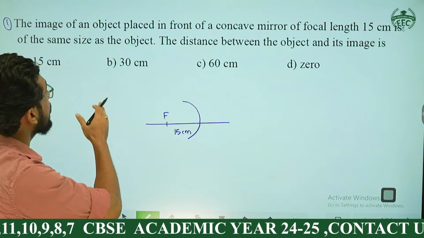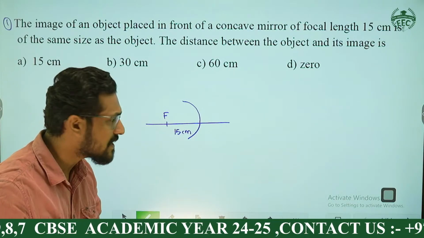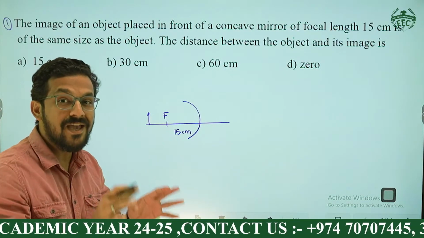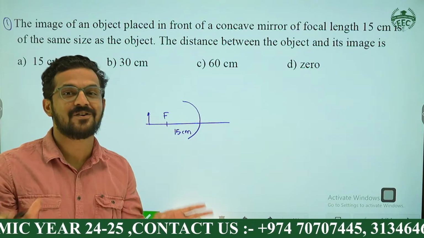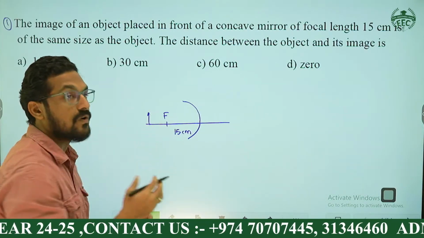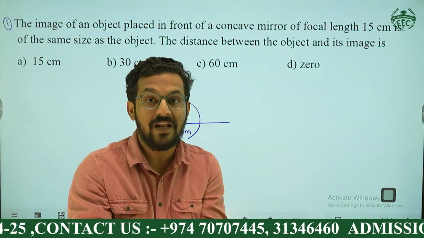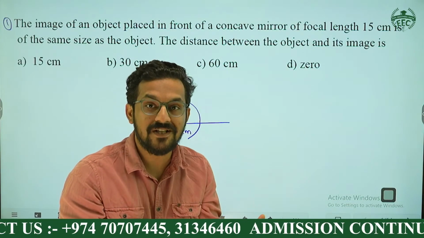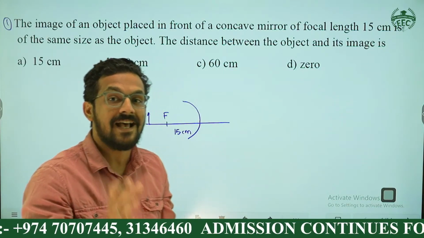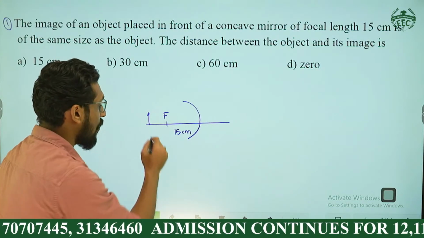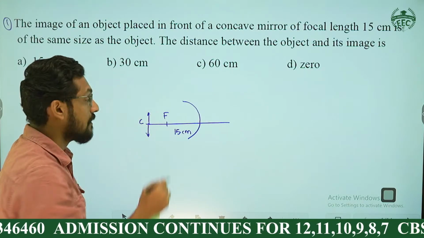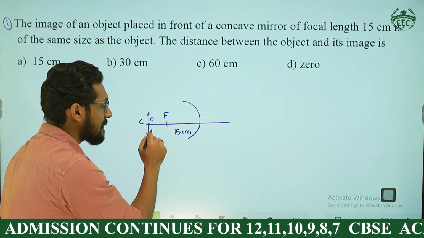The image is of the same size as the object. What does it mean? When you place the object at the center of curvature, you get a same-size image at the same point. This is the center of curvature, this is the object, and this is the image.